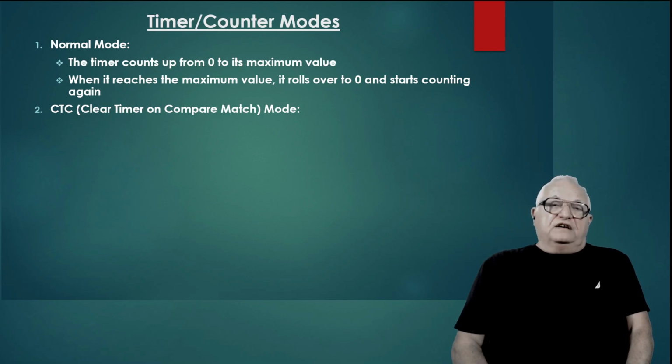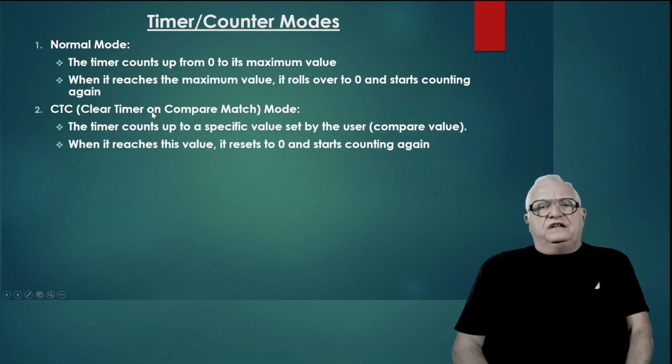Now there's another mode, the clear timer on compare match mode. In this mode, the timer counts to a specific value set by the user. That would be the counter that we've been calculating. So the timer counts up to the counter value.